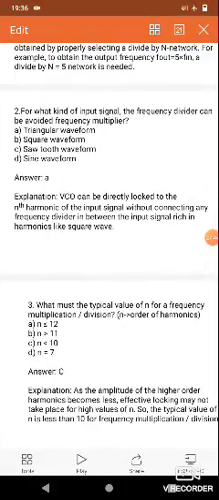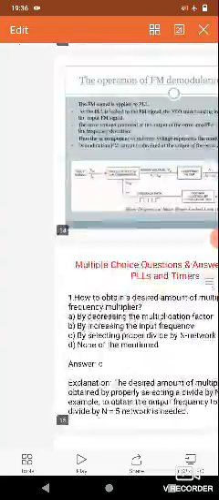We discussed this just now. Frequency divider is nothing but a square waveform.